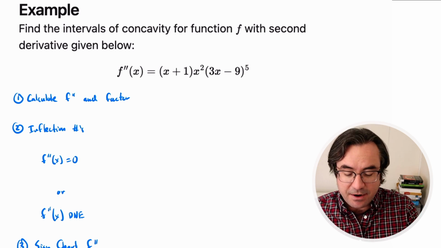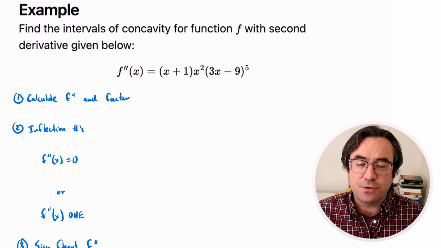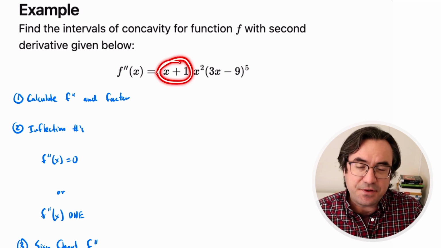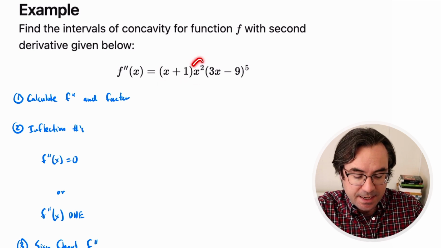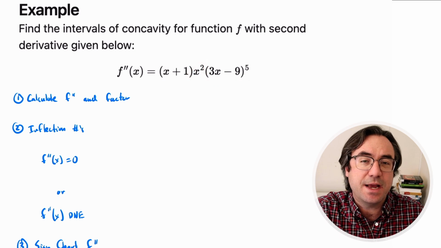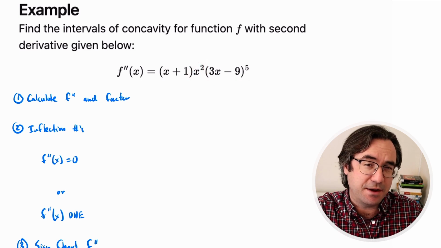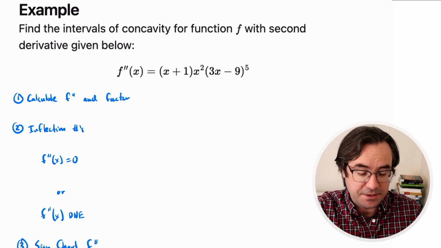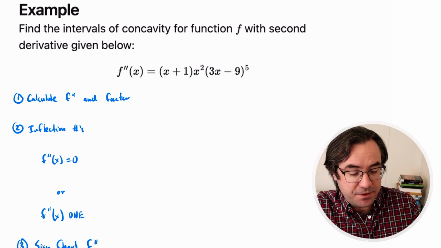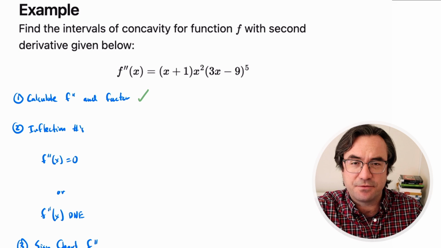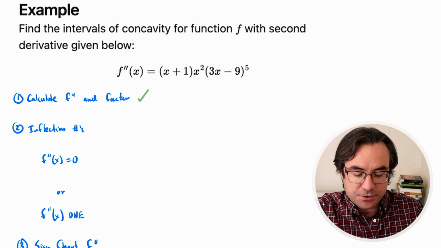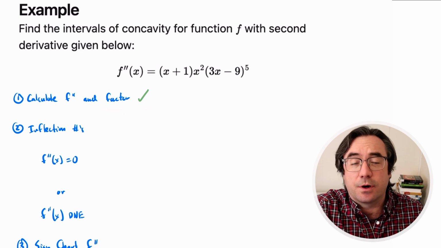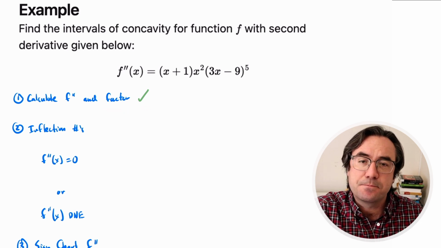Here, nicely, the second derivative is given to us: x plus 1 times x squared times 3x minus 9 raised to the power 5. So the first step for this problem is done for us. Sometimes this part takes some work.